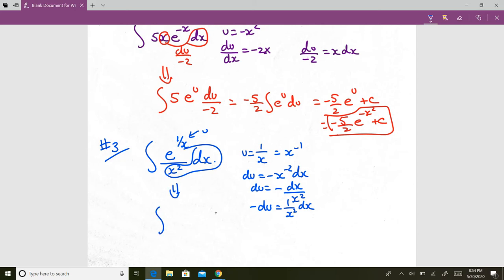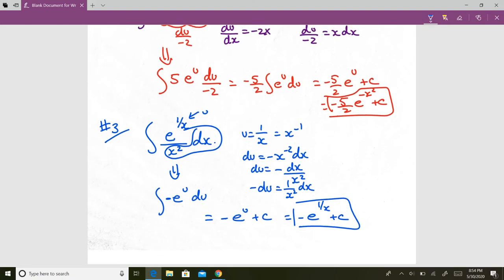So the integral becomes e to the u times negative du. The negative can come out, and you can integrate e to the u, so you just get negative e to the u plus c. And what's my u? My u is 1 over x. So it's negative e to the 1 over x plus c. And there you go. All right.